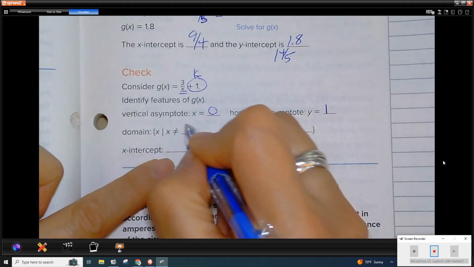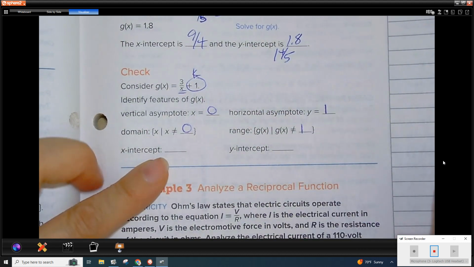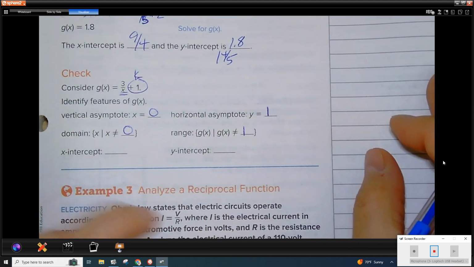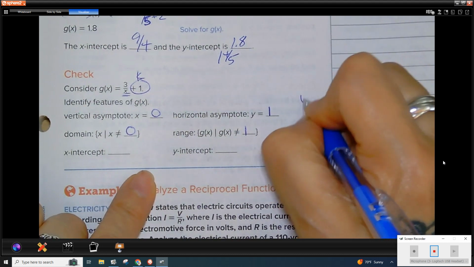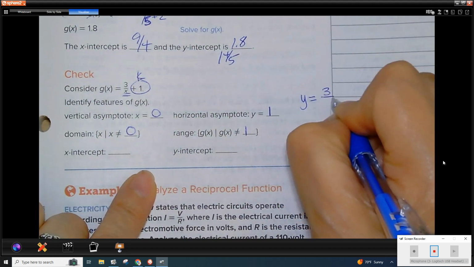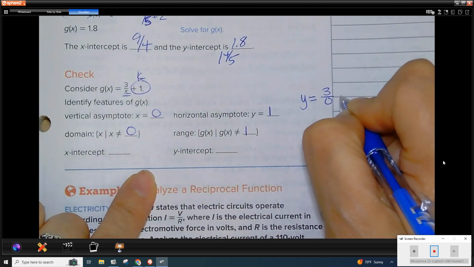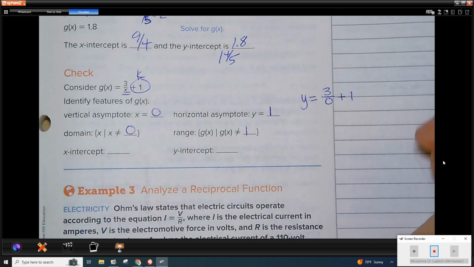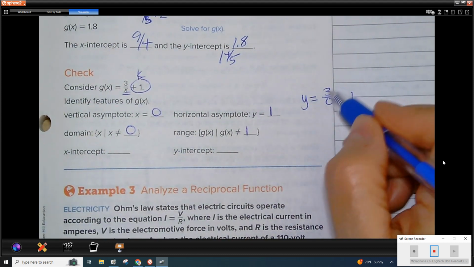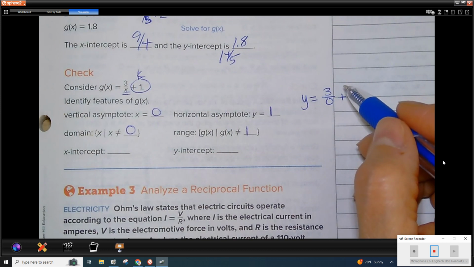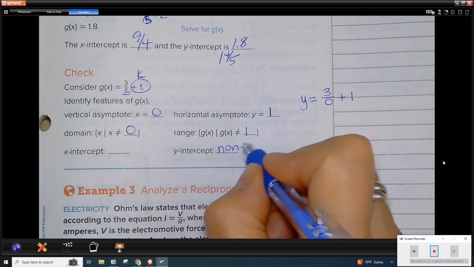Domain, x can be 0, y can equal 1. Let's find the intercepts. So first I'm going to put in 0 for x. This does not exist, so it never crosses the y.